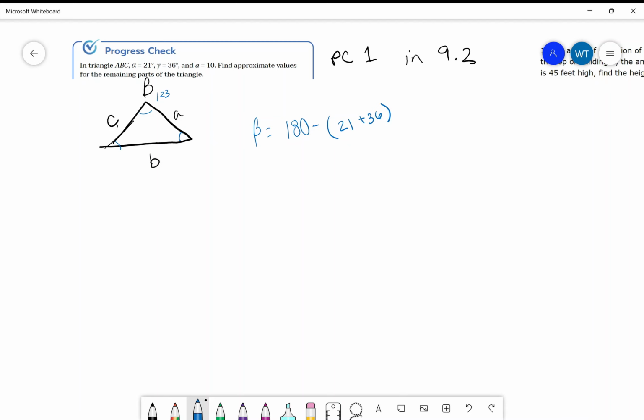And then from there we know angle gamma is 36, and this one will be 21. Now that we have that, next we are going to use the law of sines.